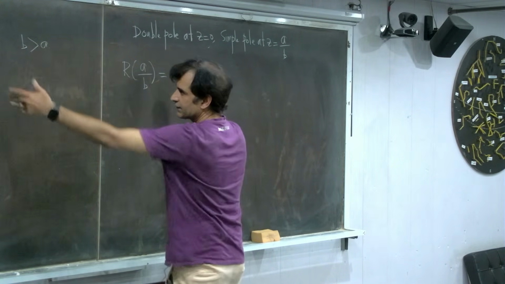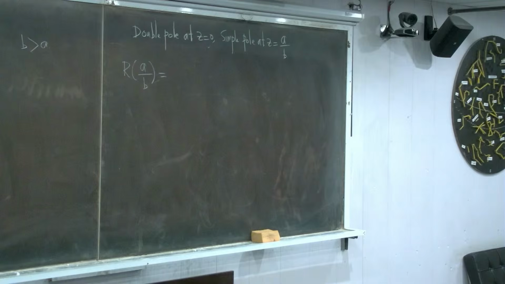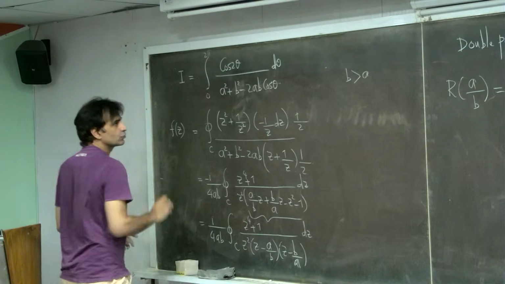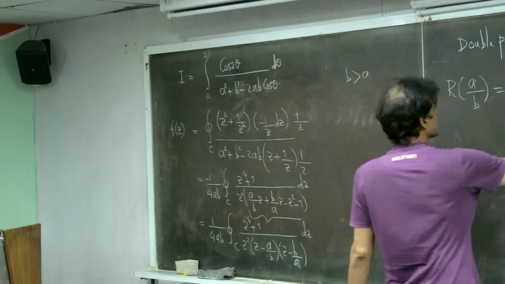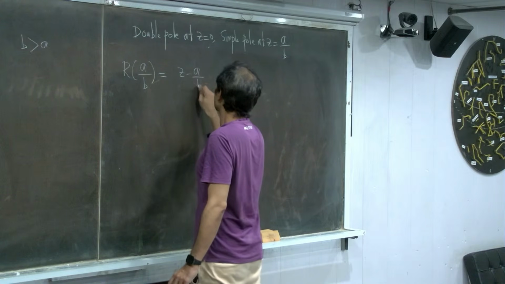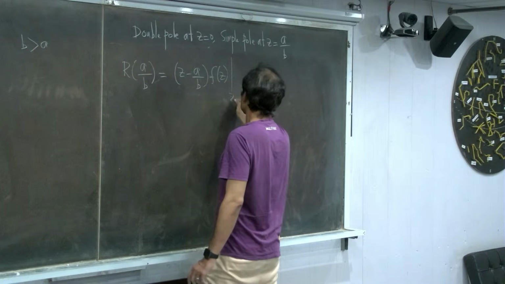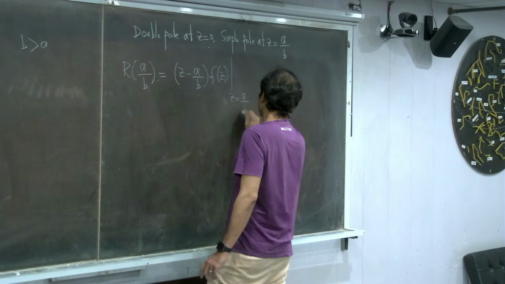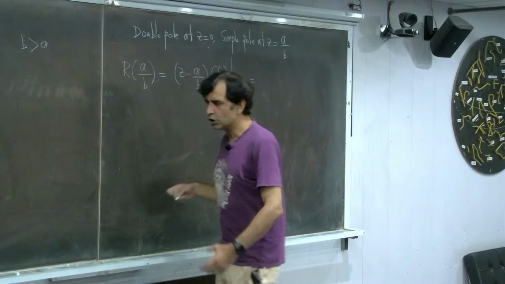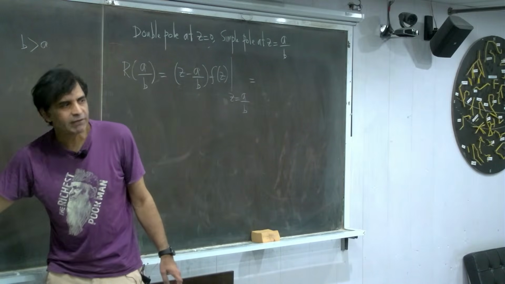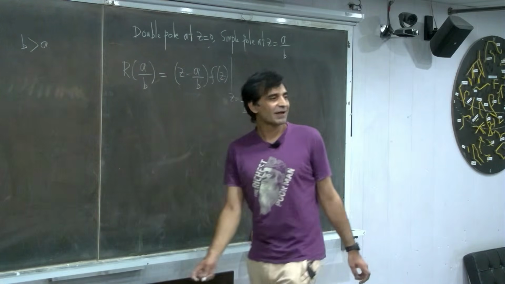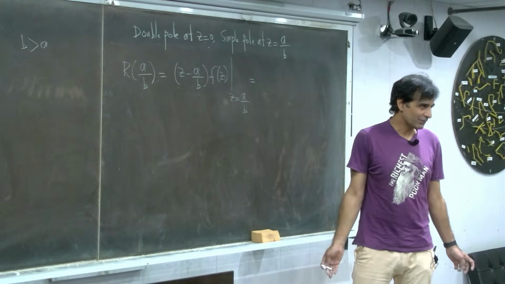This is my function of z. Instead of theta, this is a function of z, so you can write z minus a over b times f of z, and then take z is equal to a over b. So you have to put z is equal to a over b everywhere except in z minus a over b.